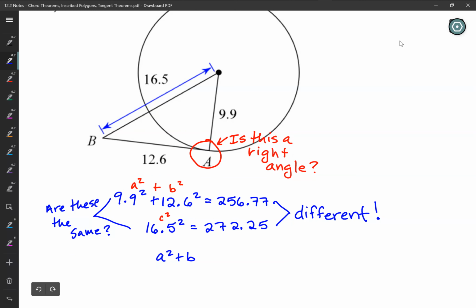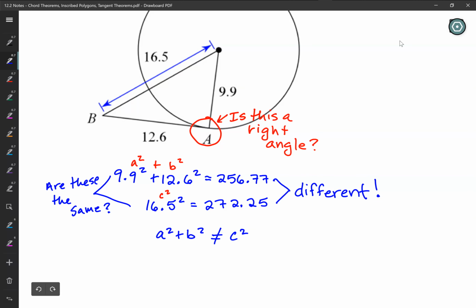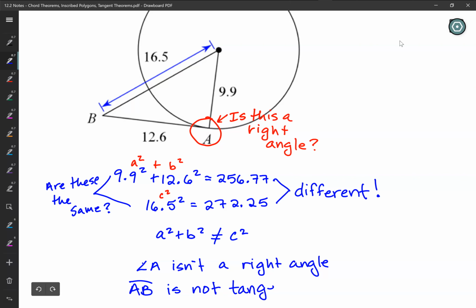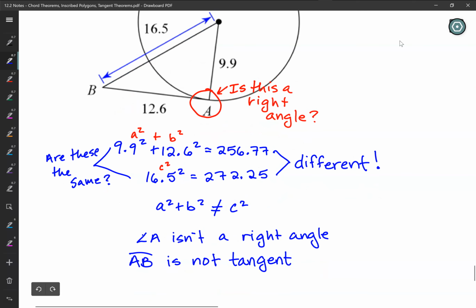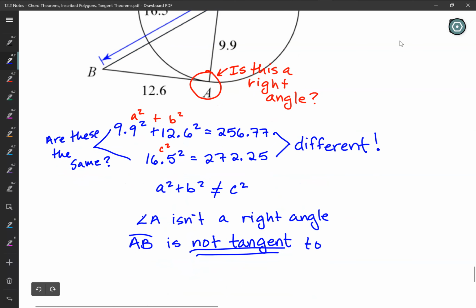So angle A isn't a right angle, which means that segment AB is not tangent to the circle.